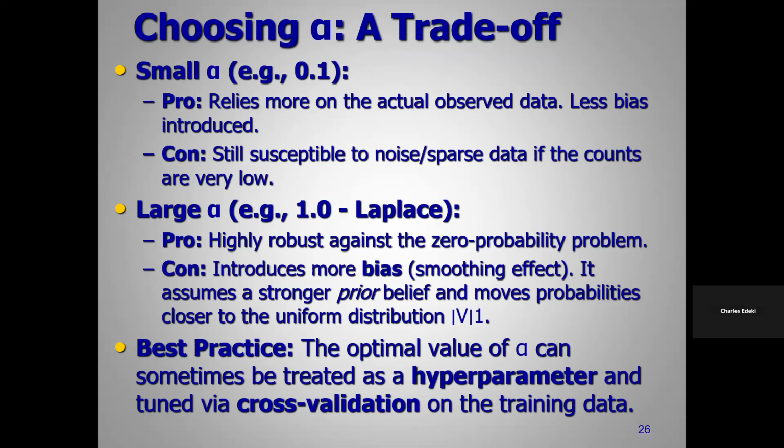Now, when we talk about high variance, it means variation, a small thing to get over the board. So the estimates are still highly sensitive to small fluctuations and also the sparse counts in the training data.